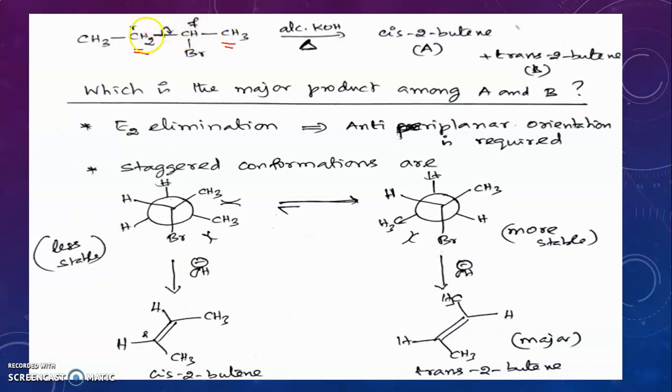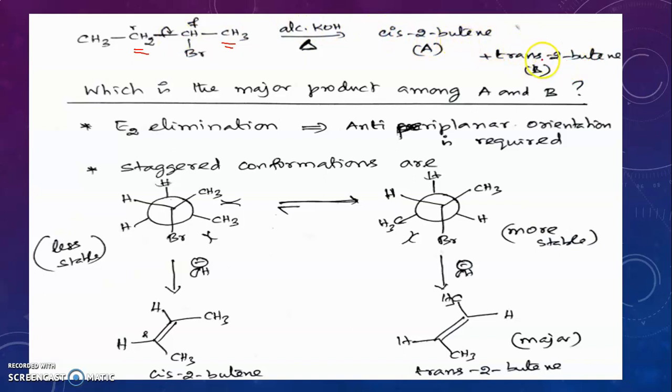And you know very well, the more substituted double bond is more stable. But now the question is not that. The question is, if you remove hydrogen from this carbon, you will get the more substituted double bond, good. But in this case, you will get cis-2-butene. If the double bond is formed here, that compound may be cis-2-butene or maybe trans-2-butene.